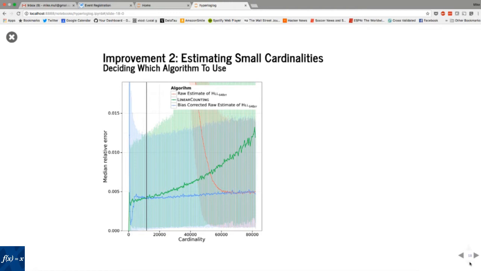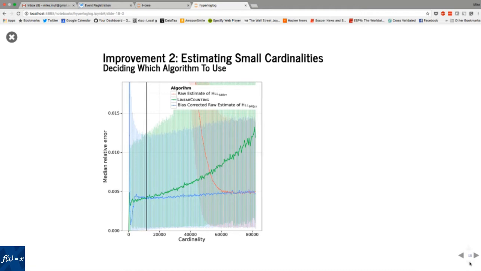And you can see here, the blue line is their bias-corrected version of HyperLogLog. And you can see where this vertical line is the point at which those two things sort of cross over. So if their estimate is below this line, they just use the linear count algorithm.